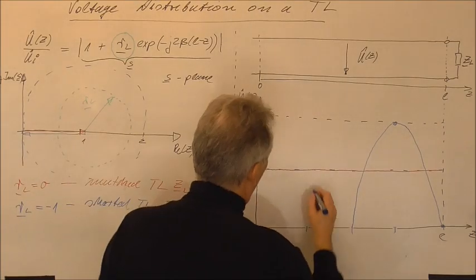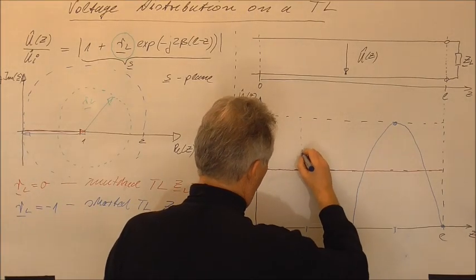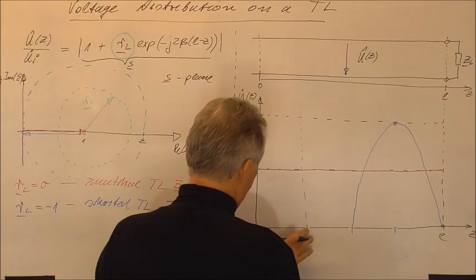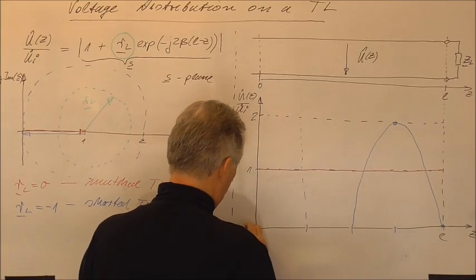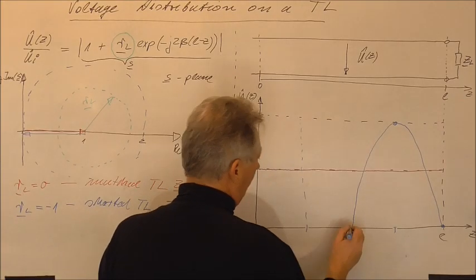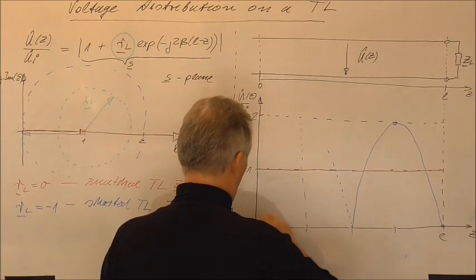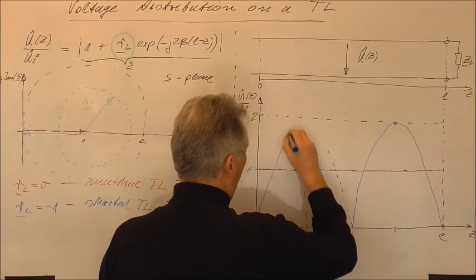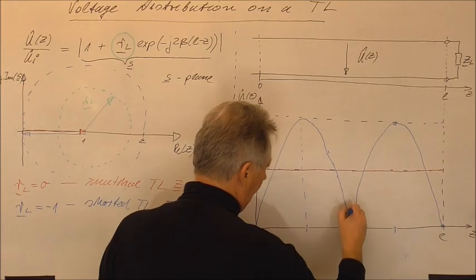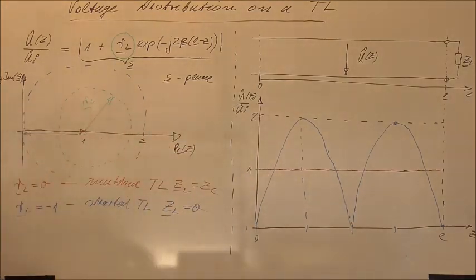Again, here you will have the maximum, and round about here the minimum. So you have a totally standing wave on the transmission line. This is one special case, where we have a shorted transmission line.